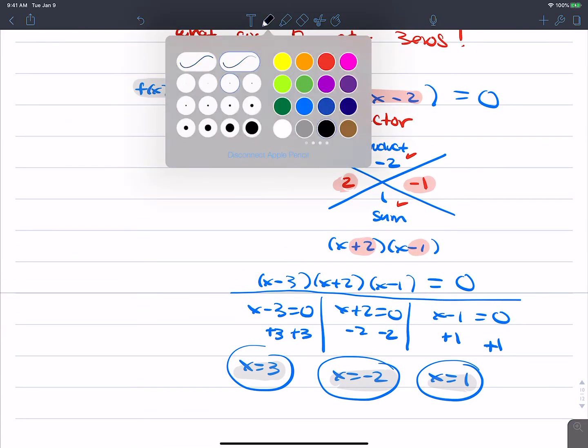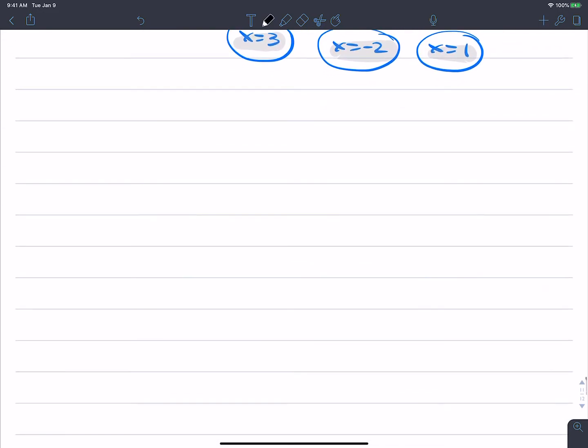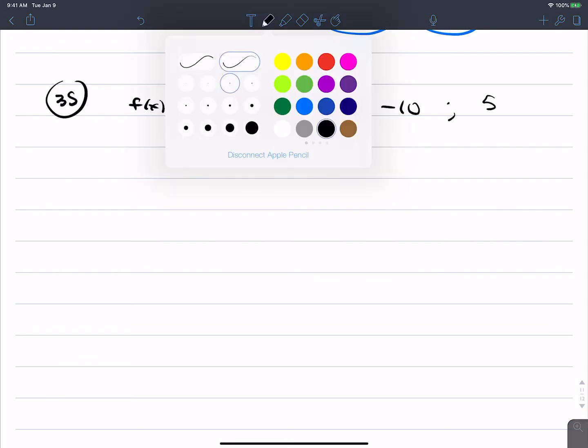So we're just going to use this process to finish off the rest of the questions. So we have 35 now. F of x is x cubed minus 2x squared minus 13x minus 10, and they give us 1, 0.